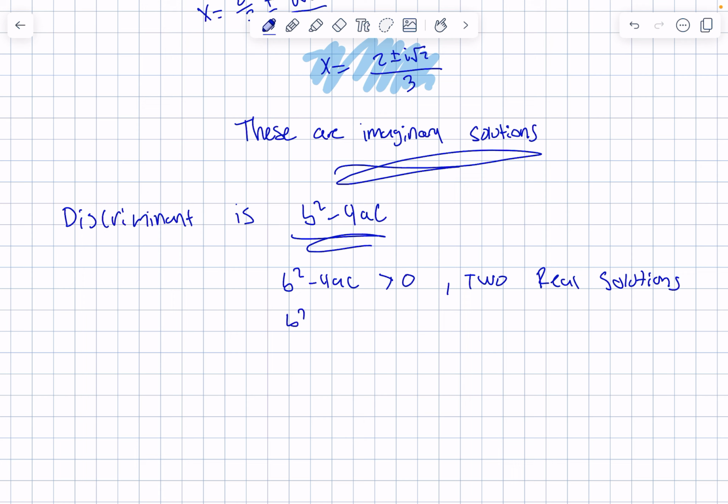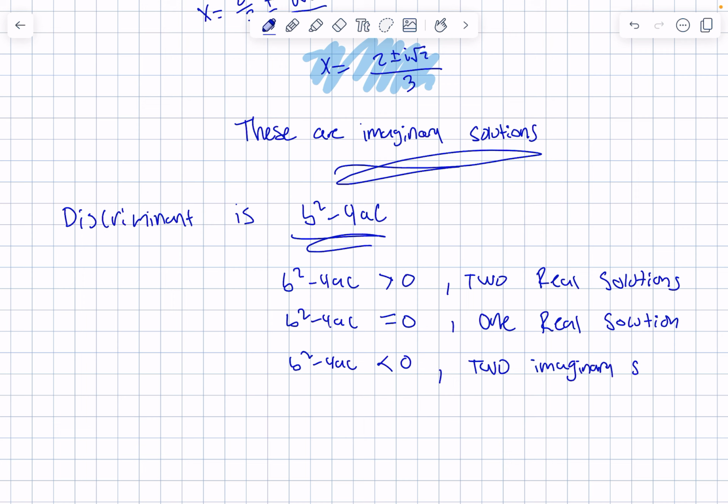Now if b squared minus 4ac is equal to 0, you're going to have one real solution. And now if b squared minus 4ac is less than 0, you're going to have two imaginary solutions, okay?